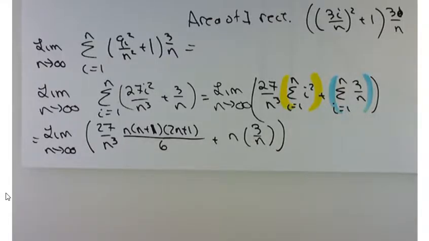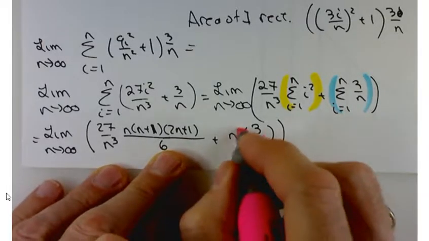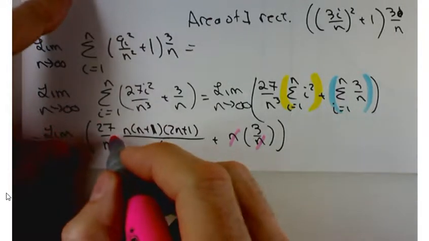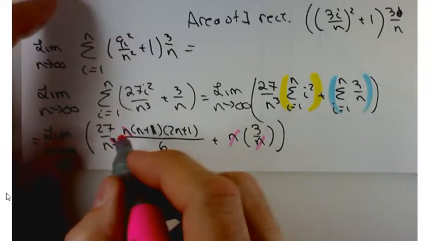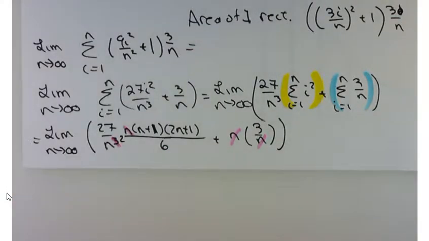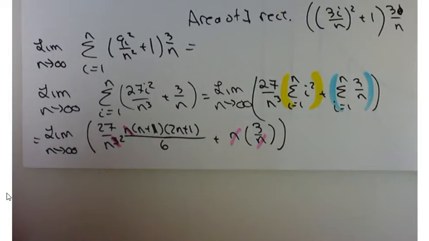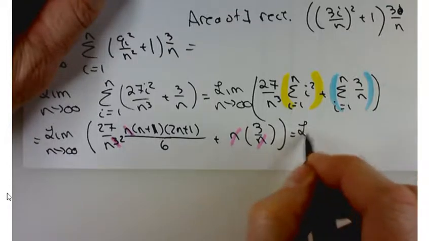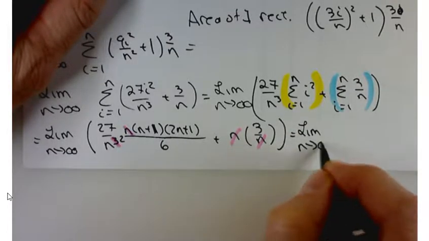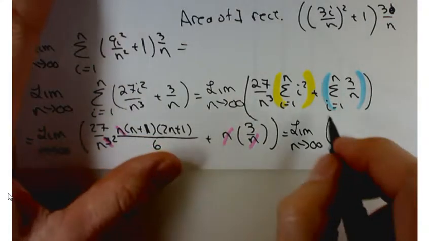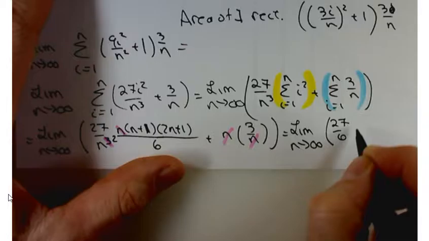Now let's do some simplification. We're almost done with this one. First of all, the n's here cancel out pretty nicely. Secondly, one of these will cancel out, so I'm left with an n squared here. So, looking better. I'm going to rewrite this as the limit as n approaches infinity of, well, we'll write it as 27 over 6.